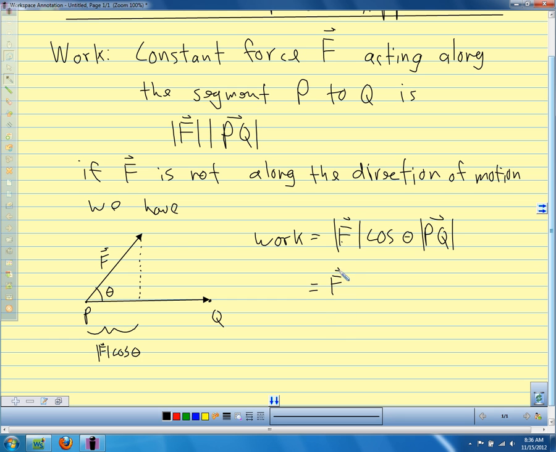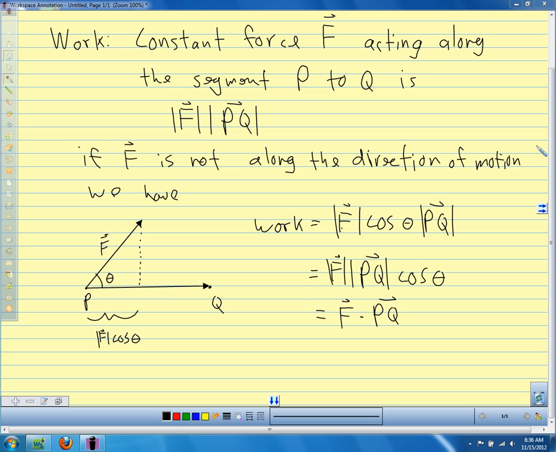Magnitude of F times the magnitude of PQ times the cosine of theta, which is just F dot PQ. So the work done, if our force isn't in the direction of motion, is just the dot product of the force with a vector that represents our direction of motion.